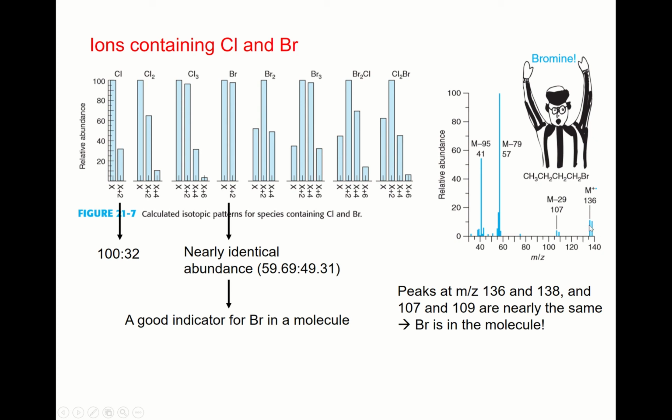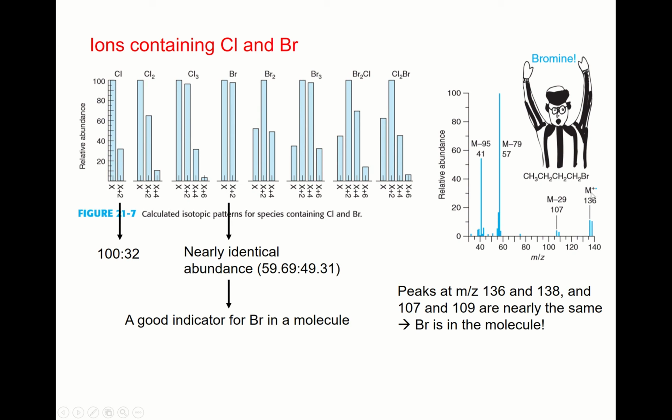But this one is a little bit larger than this one. Mass number 136 is the main peak here, but mass number 138 also has a relative abundance that is almost identical. So we can conclude, oh, this one contains bromine. And also this one is the same.